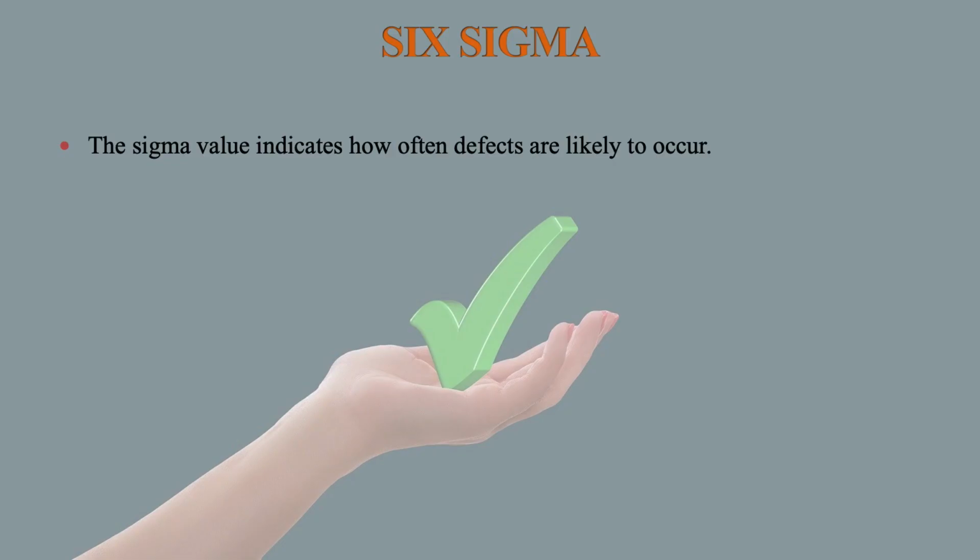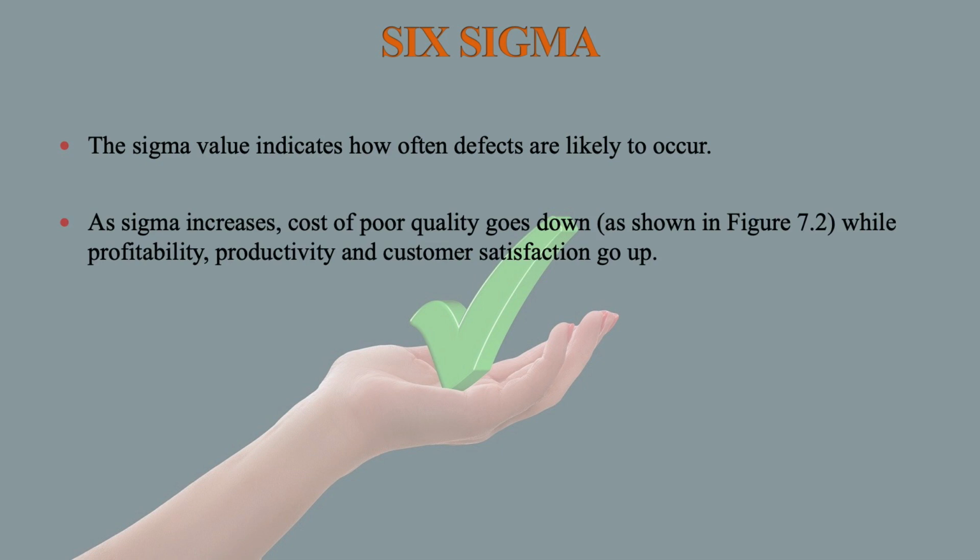The Sigma value indicates how often defects are likely to occur. As Sigma increases, cost of poor quality goes down as shown in the figure, while profitability, productivity, and customer satisfaction go up.